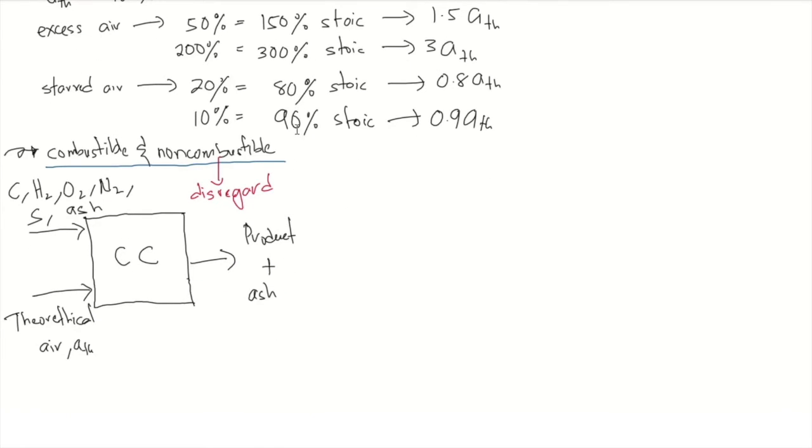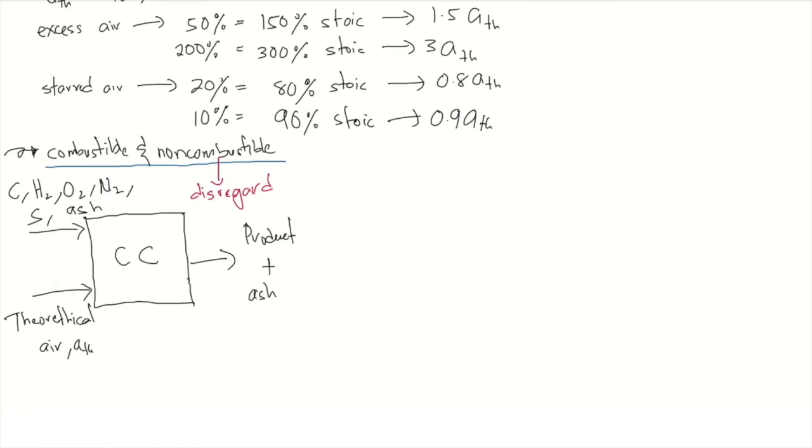Alright, now we go to combustible and non-combustible fuel. Not all fuel is combustible. For example, coal. For coal, these are the chemical components of coal: you have carbon, H2, O2, N2, S, as well as ash, right?